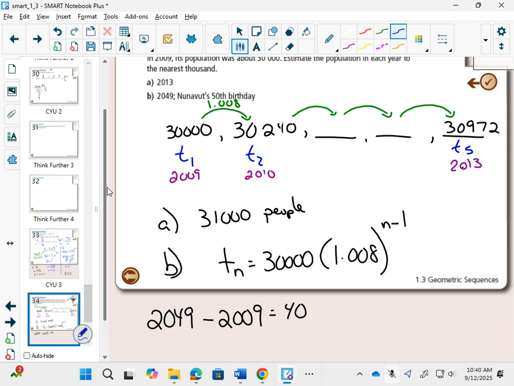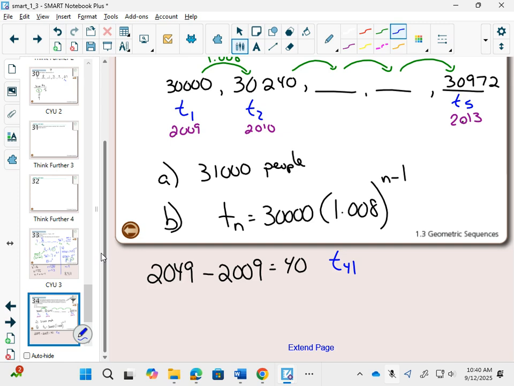This is confusing enough that the textbook actually has mistakes in answer keys in some places with these examples, because they screwed up as well. It's that easy to make this mistake. So it's 40, but it's actually term 41.